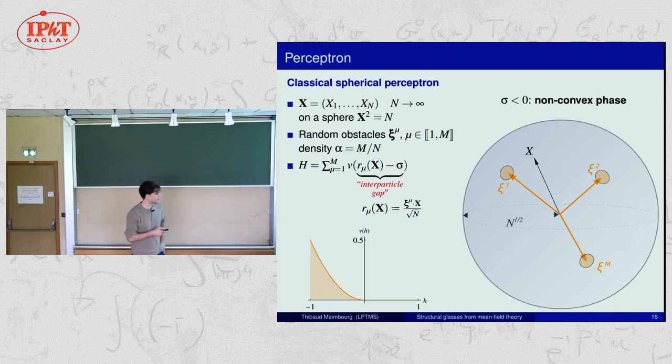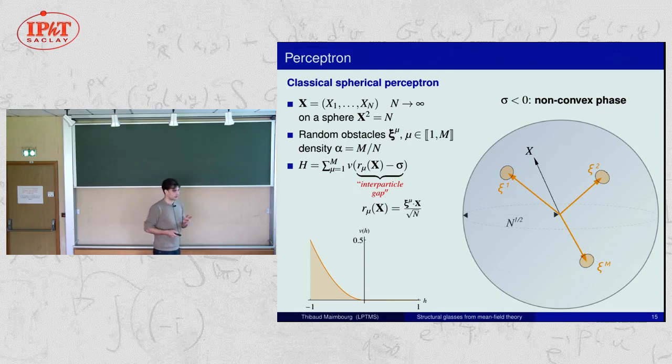So it's the potential V, which depends on the gap between the obstacles and the particle. Now it's a gap on the sphere, but basically it's the same. We considered, as before, this harmonic potential. When the gap is negative, so when spheres overlap, you have a quadratic cost in the potential, and if they do not overlap, they don't see each other.